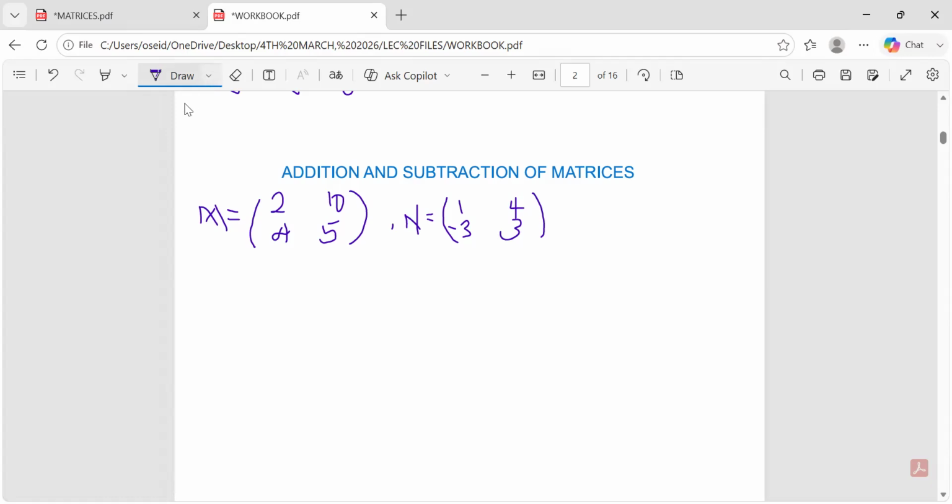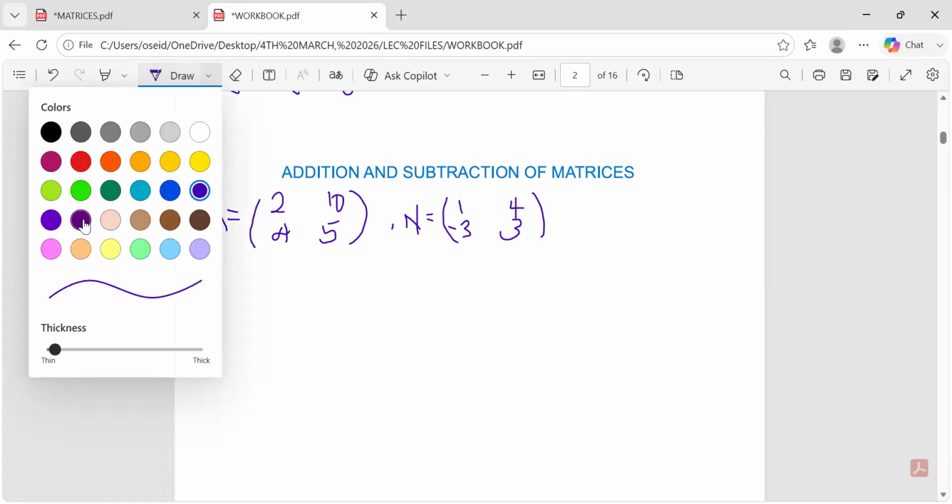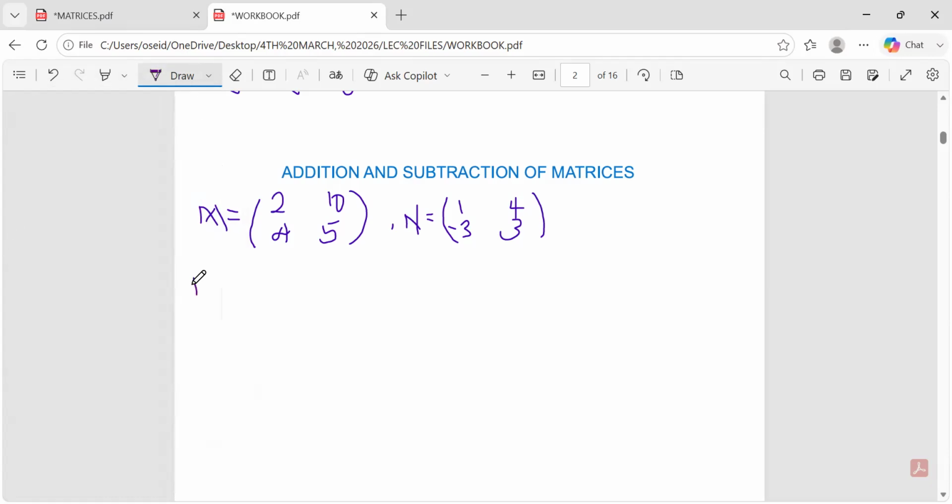So M plus N will be equal to brackets. Let's look at the corresponding entries. 2 corresponds to 1, so we get 2 plus 1.